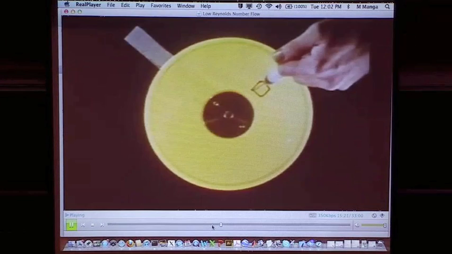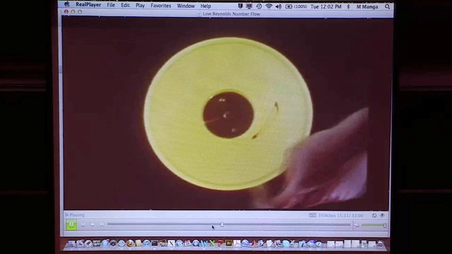When the cylinder is turned, this fluid is stretched round the annulus. Now the inner cylinder is turned back exactly to its starting position.